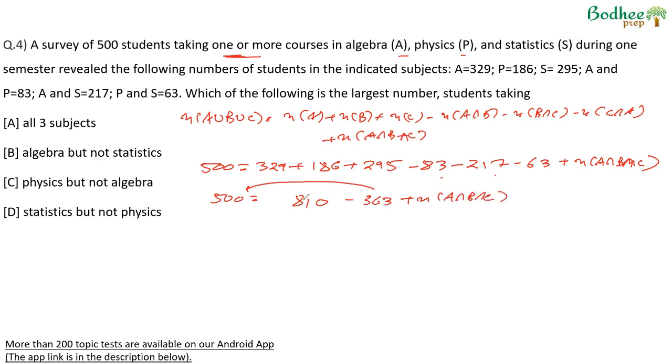So if this goes here, this becomes 863 minus 810. So this will come out to 53. The number of people who have taken all three courses will come out to 53 from here.